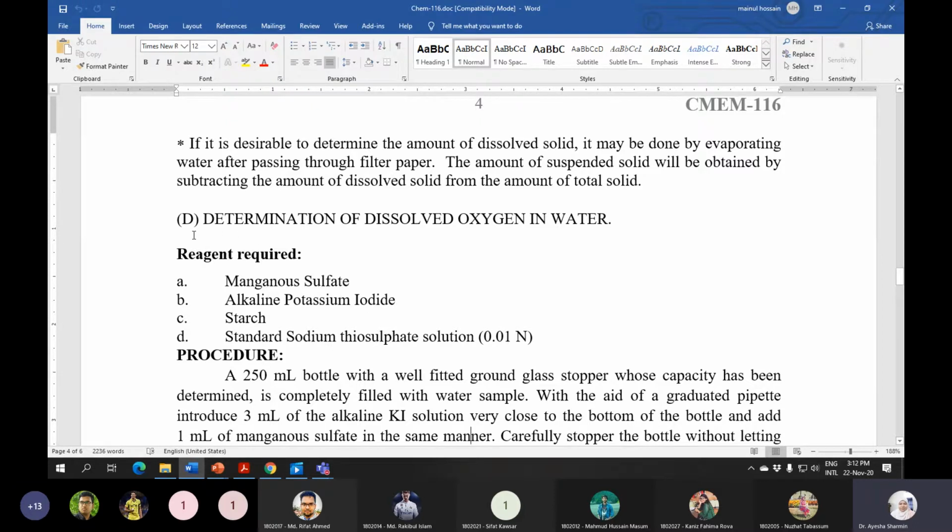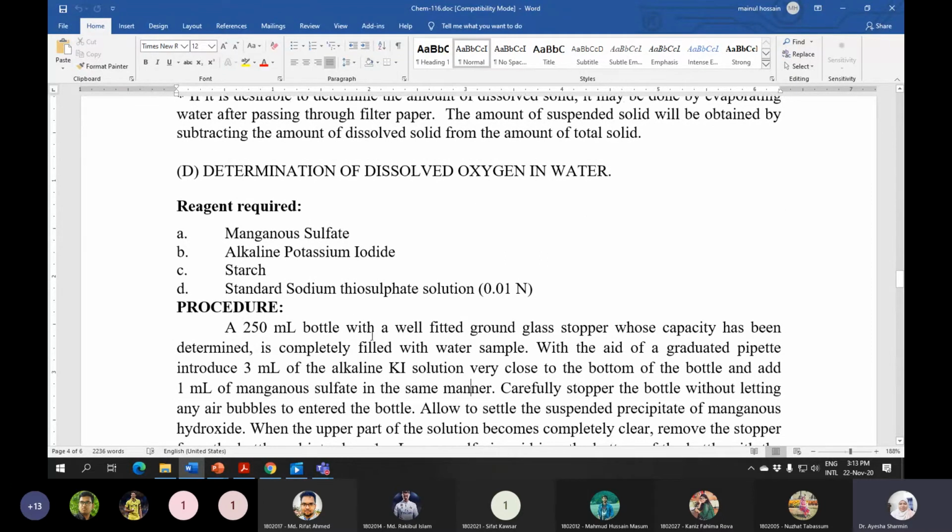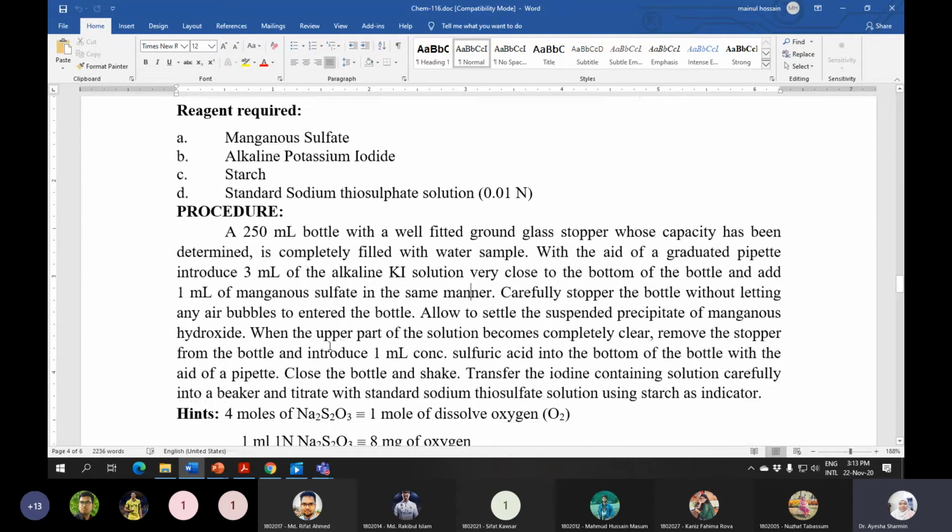However, the fourth experiment in this series is the determination of dissolved oxygen in water, which we will discuss in detail in our discussion with our slides. And we need some chemistry here, and there are a lot of chemical reactions going on, and we'll take advantage of some reaction.